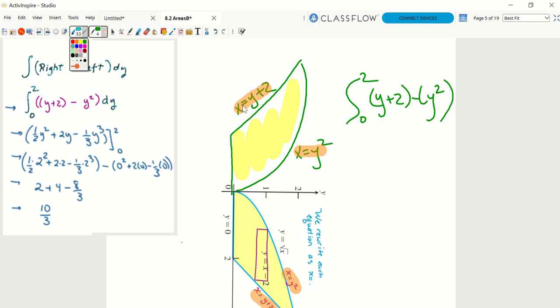I hope you agree with me that this whole blue minus the pink, which is this right here, will give you the yellow that's underneath. Remember, the yellow is right here. So again, blue minus pink will give you yellow. So I literally do blue minus pink, and we're going from 0 to 2. And now you just proceed as usual. Now, this is the unofficial way.